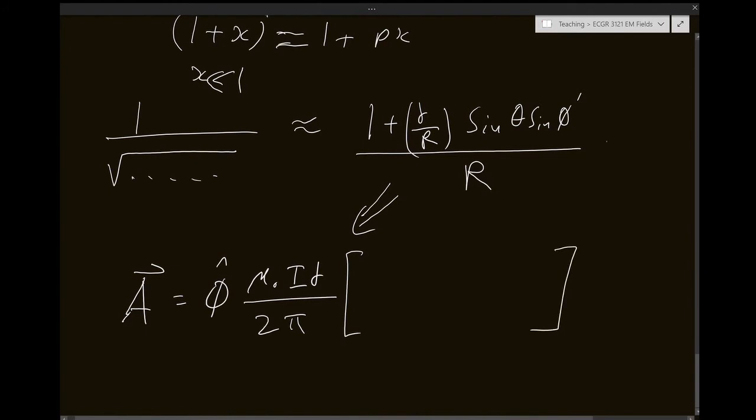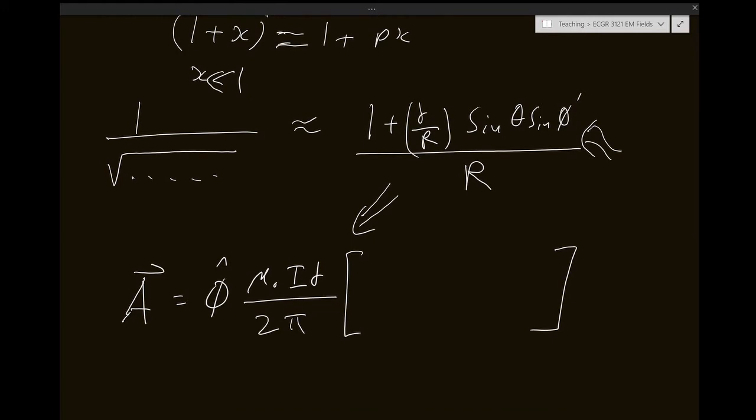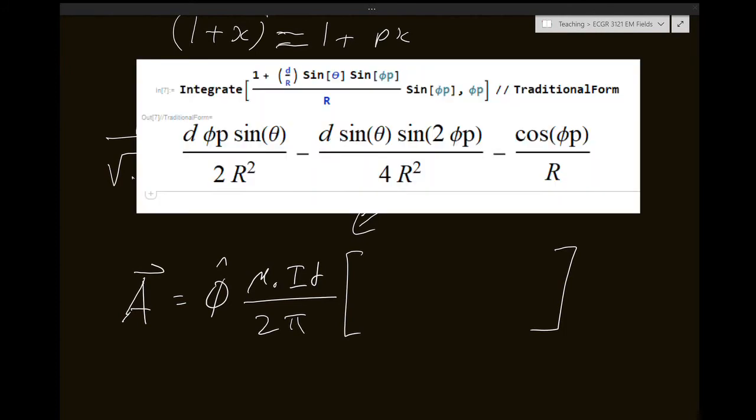So all we have to do now is find the indefinite integral, and then evaluate it from minus pi over 2 to pi over 2. This is easy to integrate, and I won't do the integration. I'll just go back to Mathematica and show you the result. So this is the integration of this expression, and we get this result here.